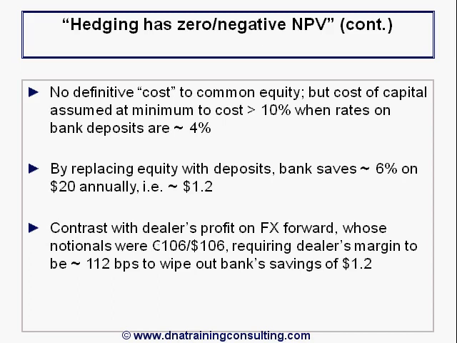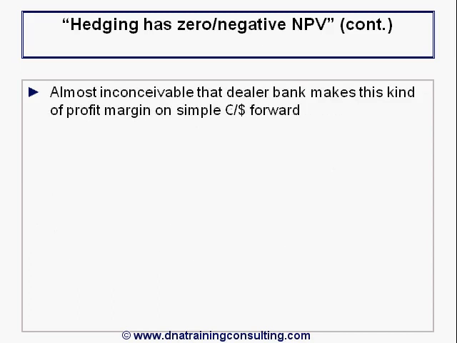It is almost inconceivable that the dealer bank could make anything approaching this kind of profit margin on a simple euro-dollar FX forward, whose profit margins, especially for solid counterparties and for short tenors, are often in mere basis points.